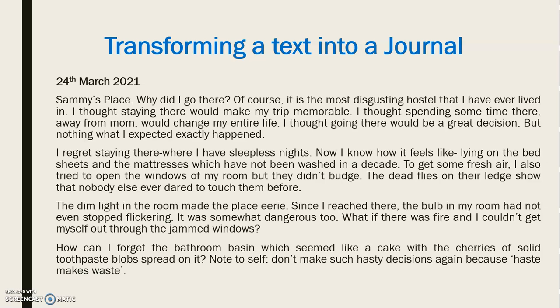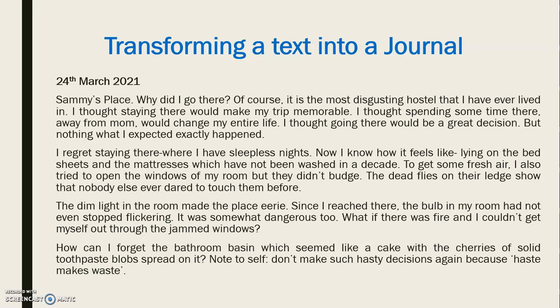I regret staying there. We begin a journal with the date and time of the year. Look at the first paragraph. You start with the same place that gave you a bad experience as Sammy's place. And in a journal, you are recalling or reflecting. So you are thinking aloud, asking rhetorical questions like, why did I go there?